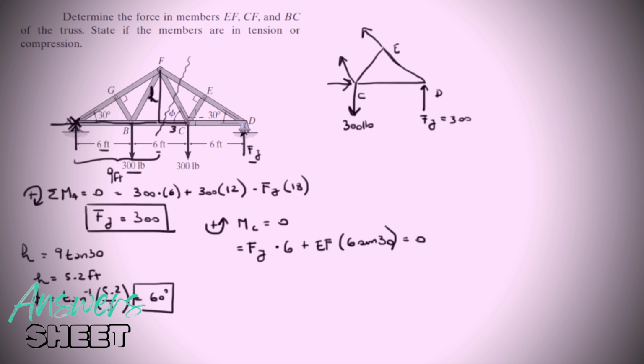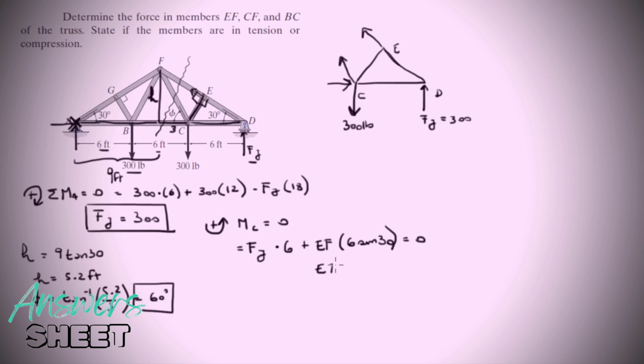Now why 6 sine of 30? You know that this is a right angle and this is a right angle. All you need to find is this distance, because EF is creating a moment of EF times this perpendicular distance. You know that this is 6, and this is a right triangle, so this distance is given by 6 sine of 30, because this 6 would be the hypotenuse of this inverted right triangle. You only have one variable, so it's all equal to 0.